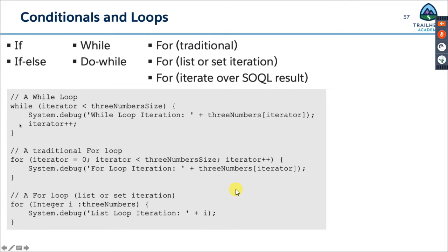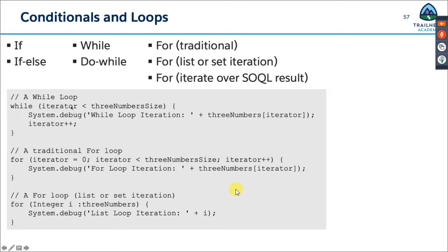Difference between while and do while. This is what a while loop looks like. While something is true, you're going to iterate over this, probably incrementing the iterator, and every time you're going to check the condition.